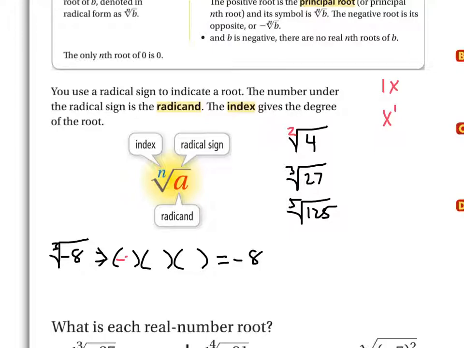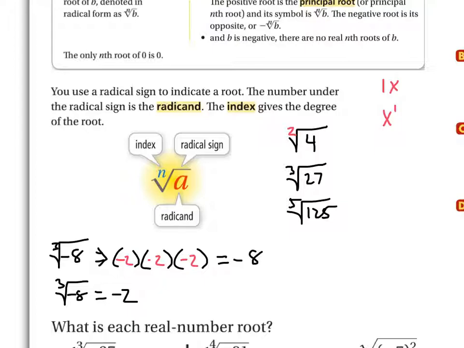They're saying negative 2 times negative 2 times negative 2 is negative 8. And that's true, right? Yeah, absolutely. So therefore, the cubic root of negative 8 is negative 2. If you have an odd index, you can get a negative answer. You can take the cubic root or the fifth root of a negative number. That is okay to do.